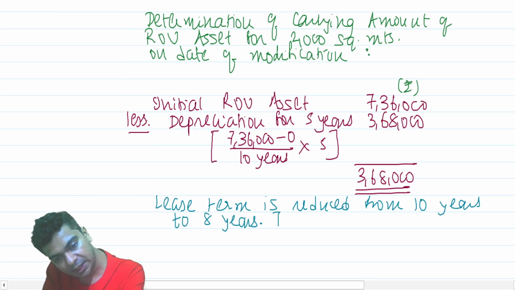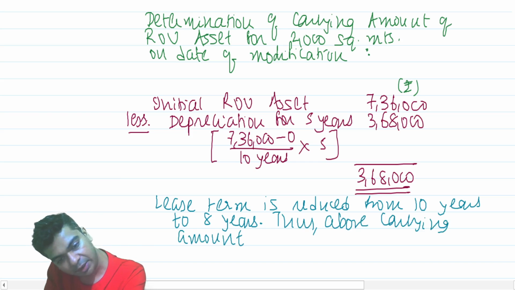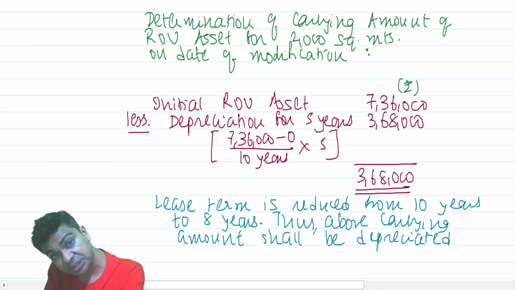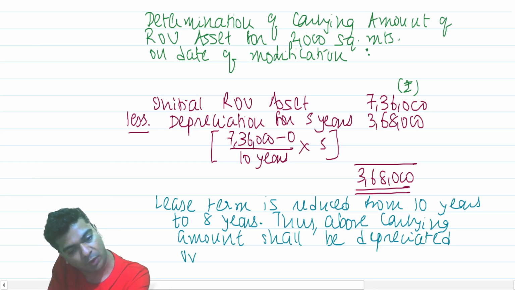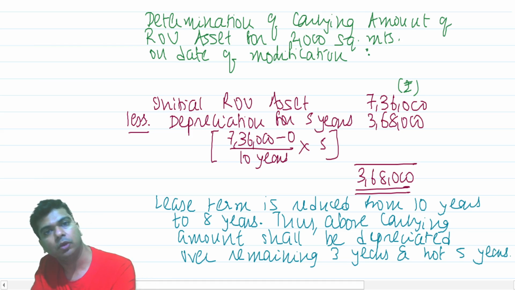Full stop. Thus, above carrying amount shall be depreciated over remaining 3 years and not 5 years. You get my point?